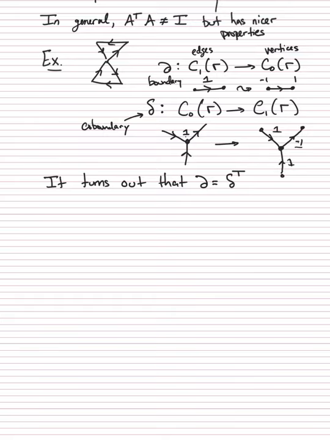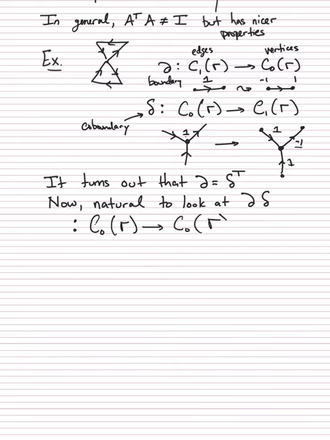Now it's natural to look at either the boundary and then the co-boundary. I want to look at delta, delta transpose, and this goes from the vertices to the vertices. Let's try to figure out what this thing actually does.